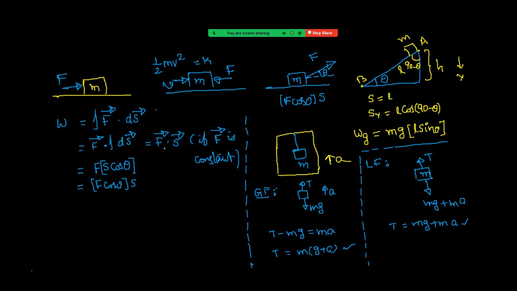Okay. Next, we can take one small example where the angle between F bar and dS bar is always 90. We have seen that if the angle is acute, work done is positive, and for an obtuse angle, negative. If the angle is 90, then work done will be 0.